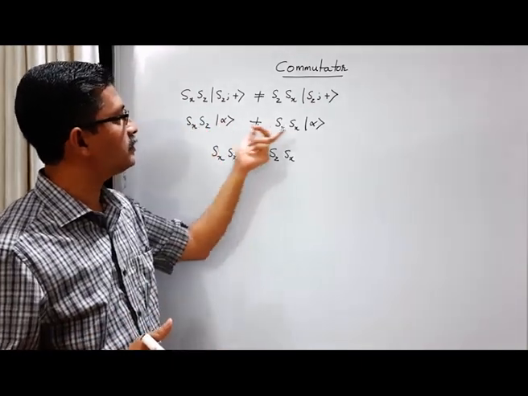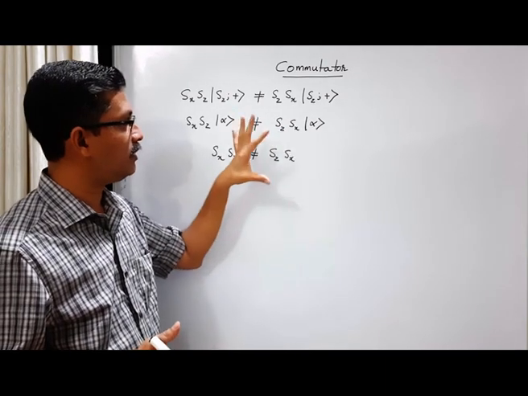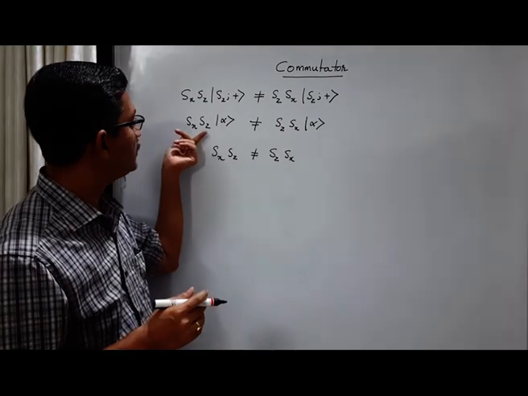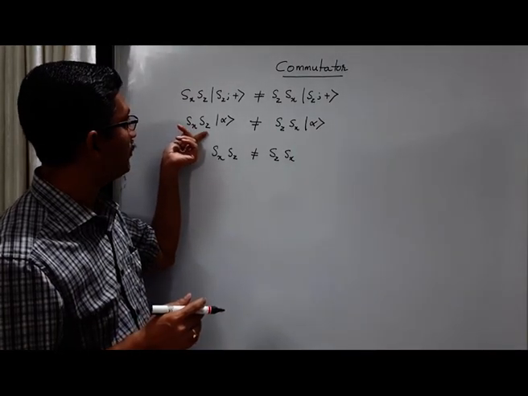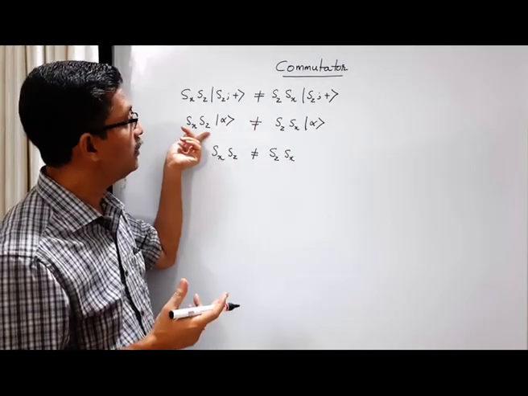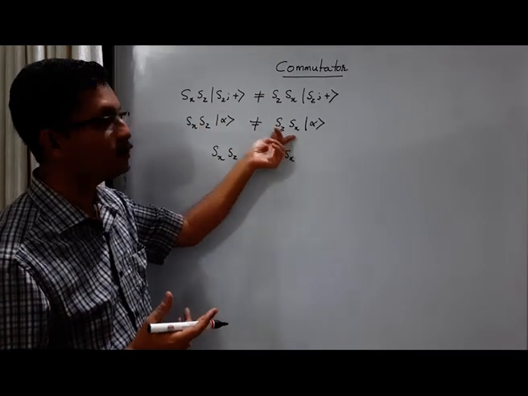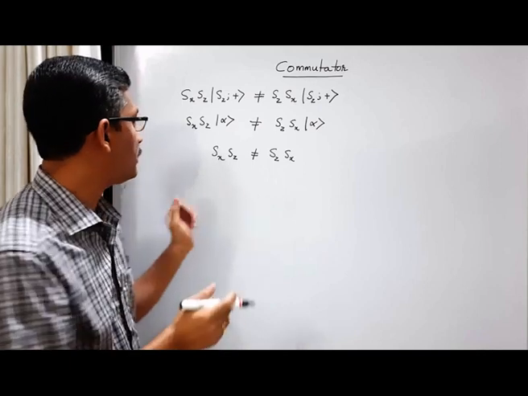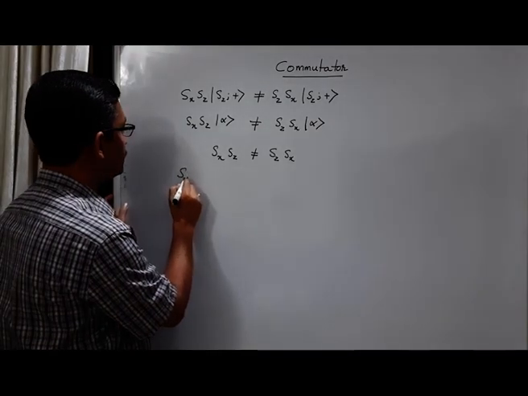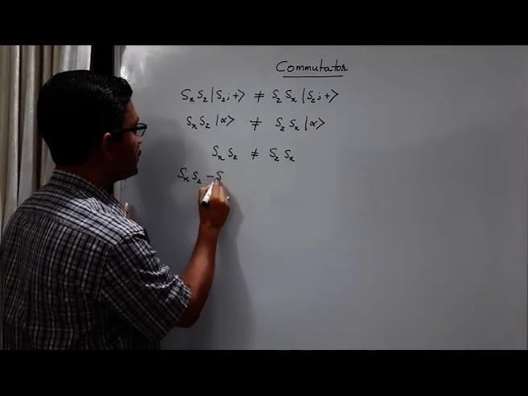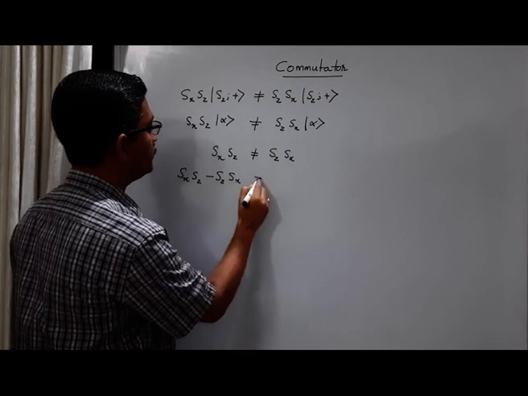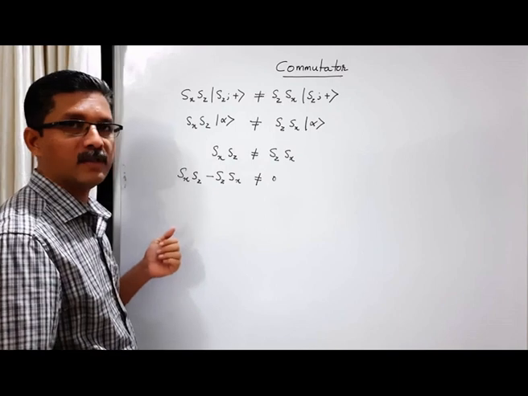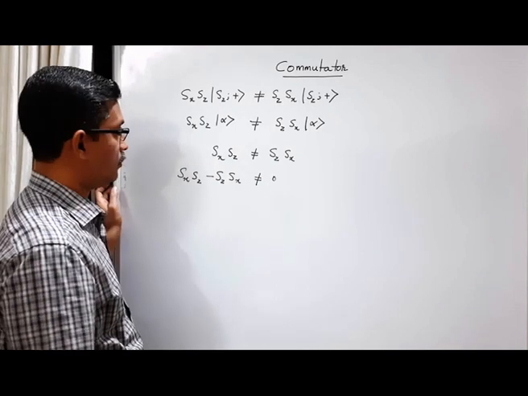This modified vector is different from this modified vector for any arbitrary initial ket. Then we can say that this operator is not equal to this operator. So this is an operator relation. Or we can say Sx Sz minus Sz Sx is not equal to 0. This difference between the two operator parts is not equal to 0.